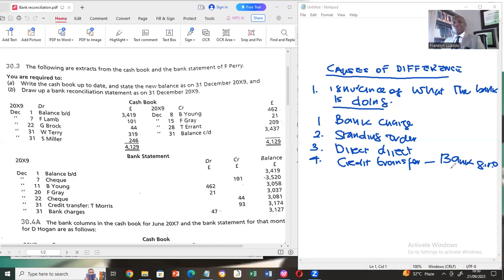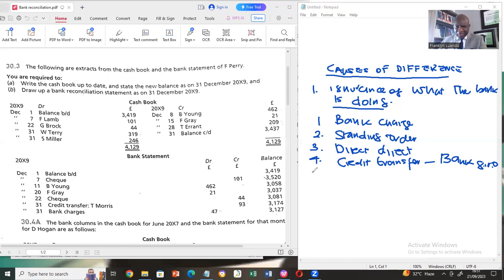And now, these are the major factors that will cause the difference. The first one was ignorance of what the bank is doing.